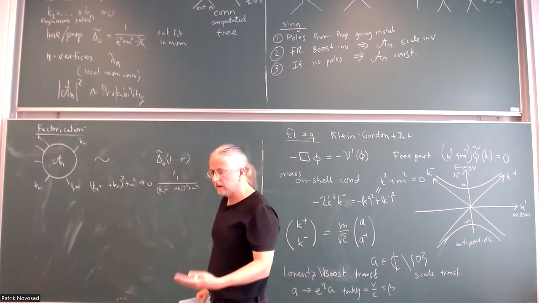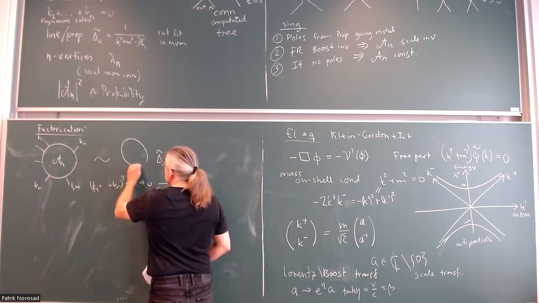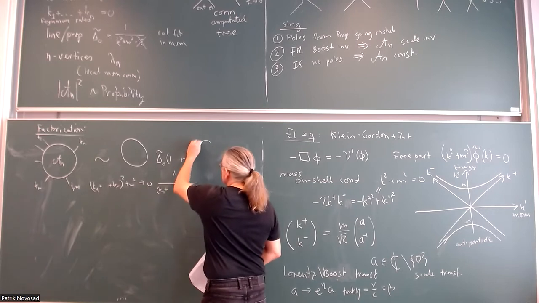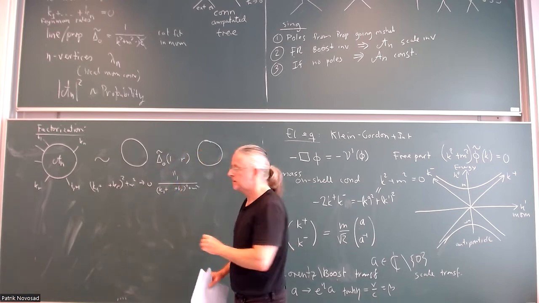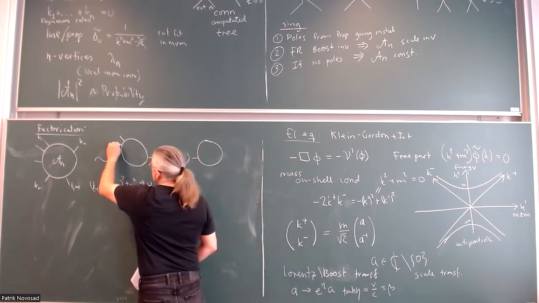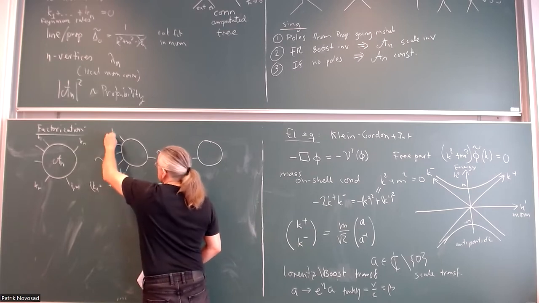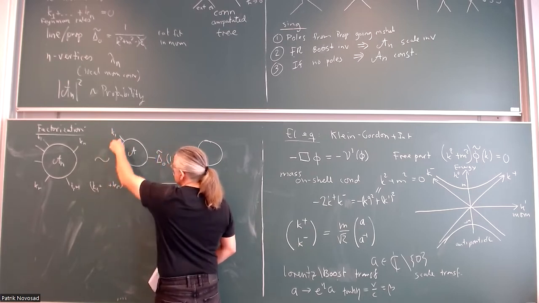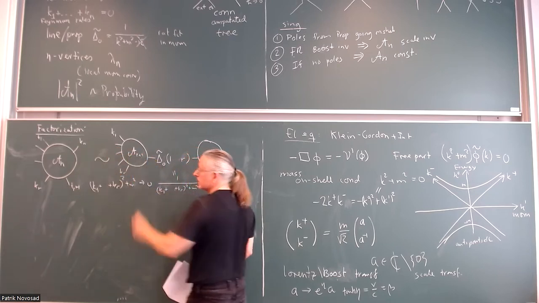And the rule is that you just have to attach 2 sub-amplitudes to the 2 sides. Here you attach one which has k1 up to kr, and so it has r plus 1 legs.